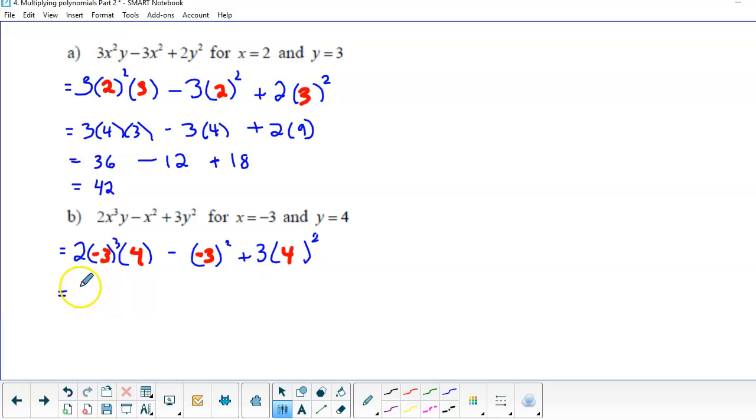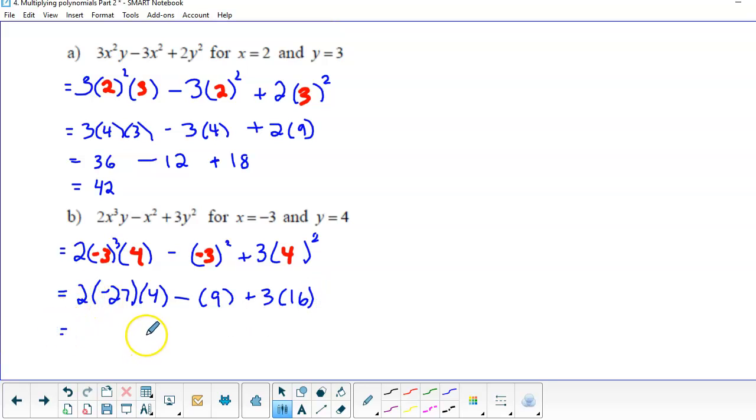Okay, and so that's going to be 2 times negative 27 times 4, okay, minus negative 3 squared is 9. It's not negative 9. 4 squared is 16.